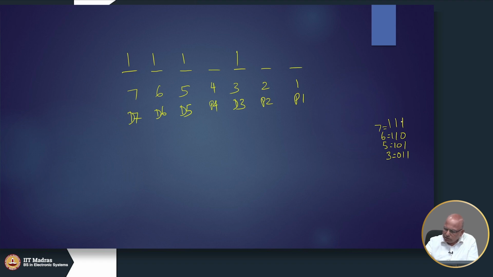Wherever there is a 1, that is 7, 5 and 3. So we have to take 7, 5 and 3. Here it is 1, 1 and 1. So it is odd parity. So we have to add 1 in order to make it even.